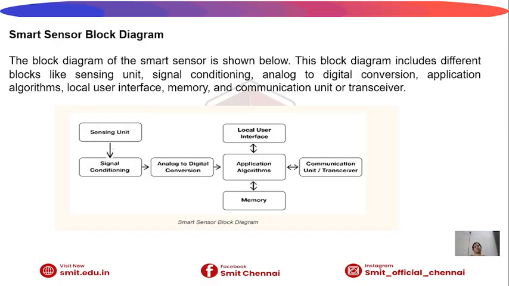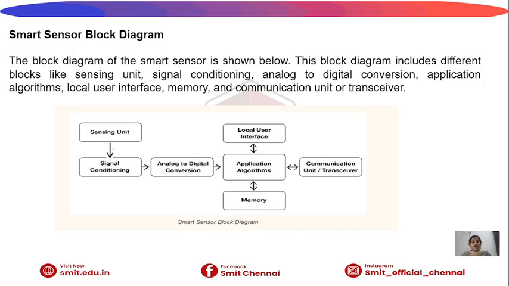Here the smart sensor block diagram starts with the sensing unit. Here only we are giving the input. This input will be given to signal conditioning. Signal conditioning extracts the noise or increases the amplitude.